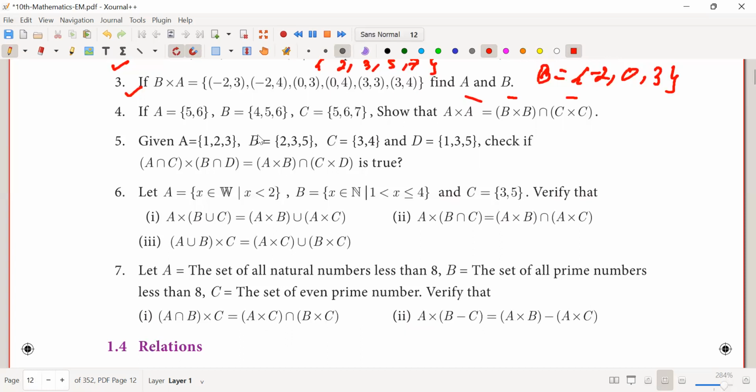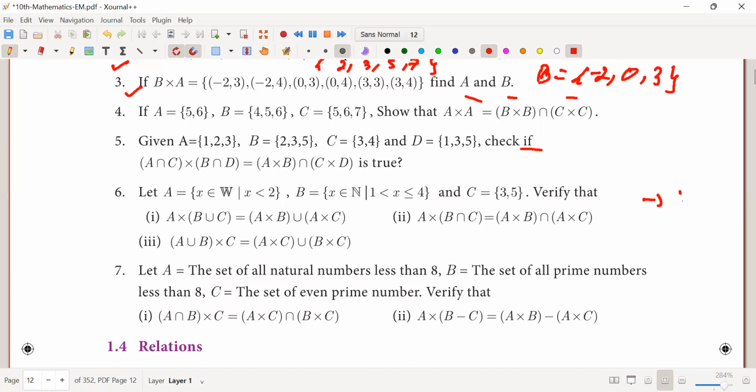See, A, B, C, and D. What we have to check? Show that it will definitely be equal. Check whether A intersection C cross B intersection B equal to A cross B intersection C cross D. First, we have to complete these two and put intersection.